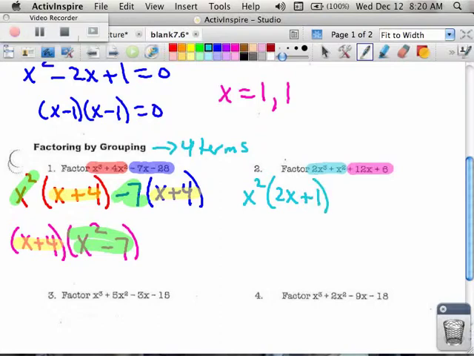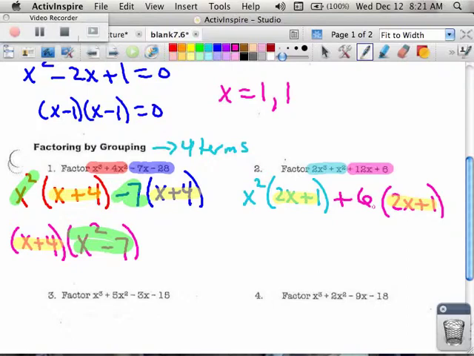Now if I'm doing this right, I know that in the pink I should end up with a 2x plus 1. So I'm just going to write that down, 2x plus 1. I know that those 2 parentheses have to be exactly the same, or this is not going to work out. So if that has to be 2x plus 1, what was the number I should have pulled out? 6.